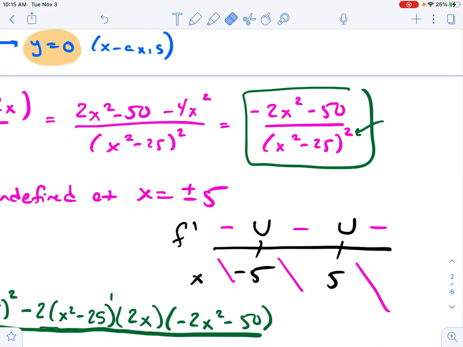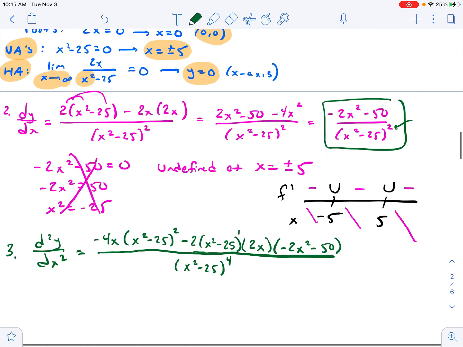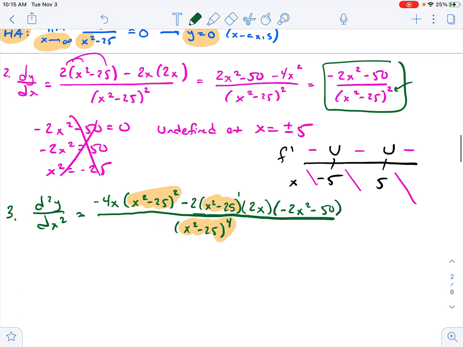Okay, so the bottom is this quantity squared. If I square that again, it's going to be what power? The 4th power. Okay, and it's kind of messy, and we've got some cleaning up to do, but if you notice, this quantity does show up in every single term in the numerator and denominator. So if you think about it, it's kind of like a common factor up top.